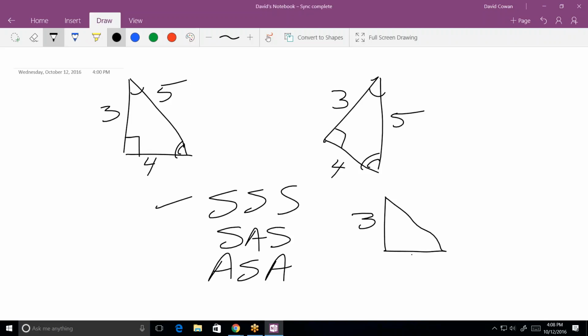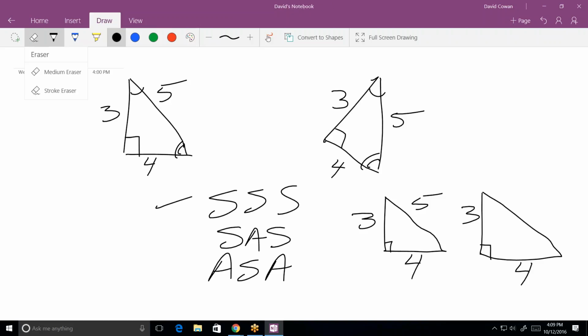Let's say I know that's 3, that's 4, and I know that angle. Well, if I have another triangle that has that same angle, and that's 3 and that's 4, you see what side angle side means? They have to be in a row. In other words, I can't have that.